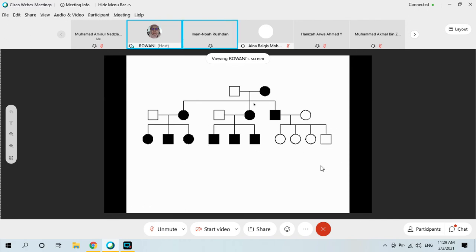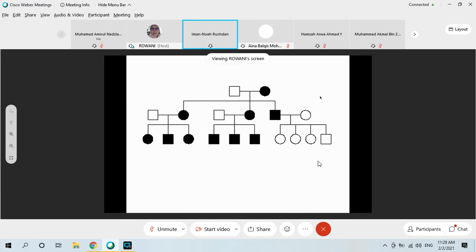And then, what about the affected male? Will he transmit the disease to the daughter and son? No, it won't. Kalau affected male, the daughters akan dapat, the son takkan dapat.